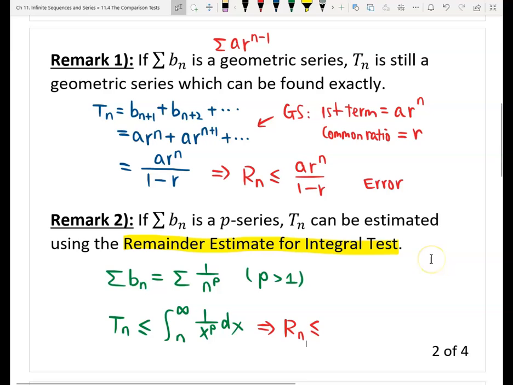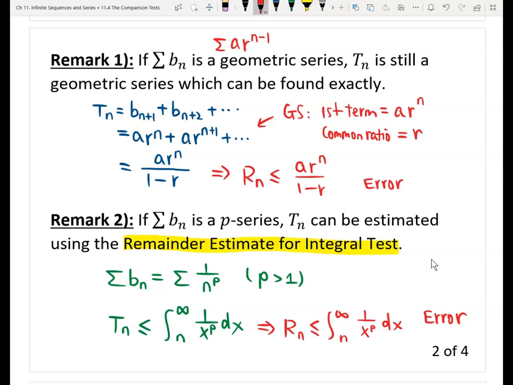Therefore the error for the A series is controlled by this integral, right? Does that make sense? This integral is easy to find because it is a power function, right? So this is the error control for these cases.